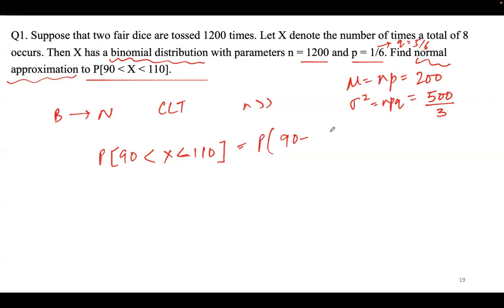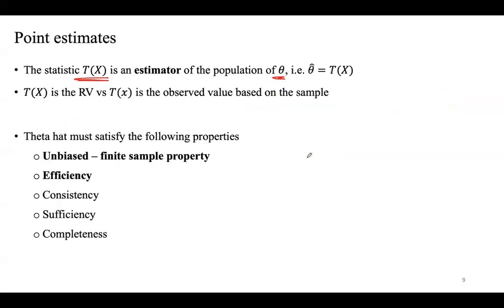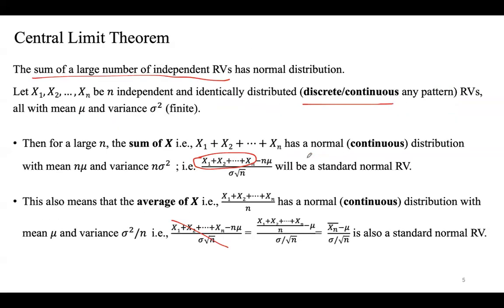So when you do that, 90 minus 200, divided by sigma by root n.